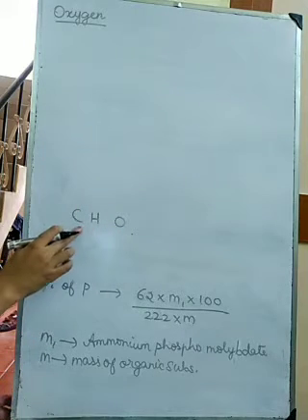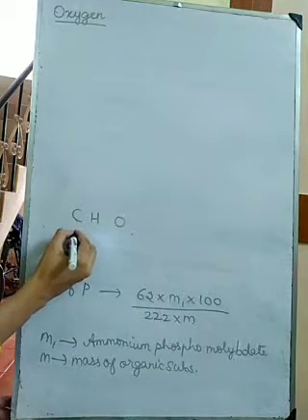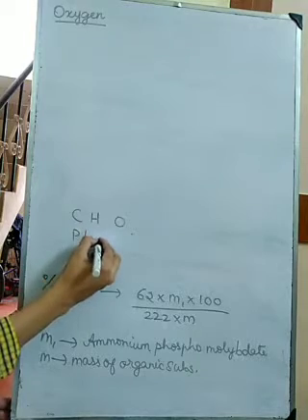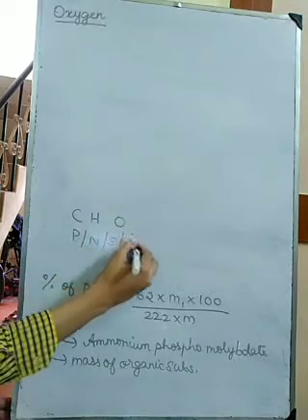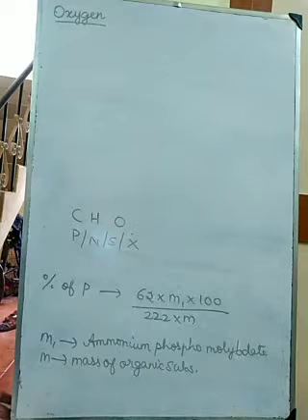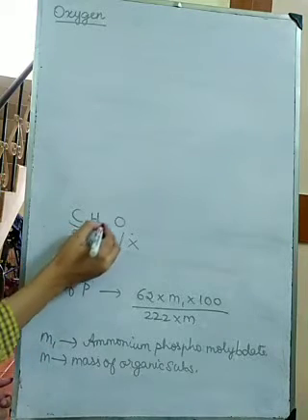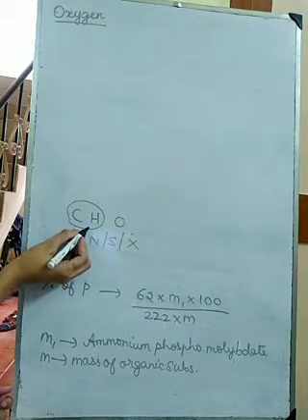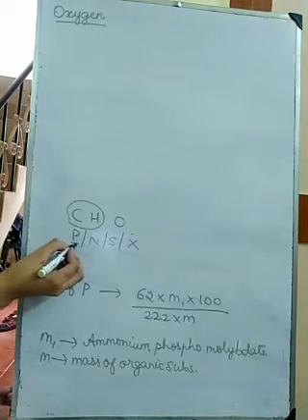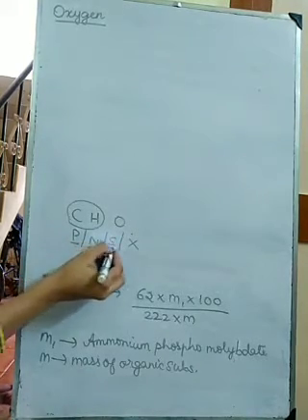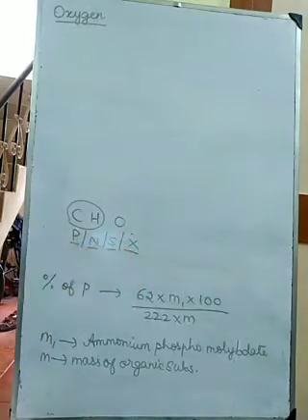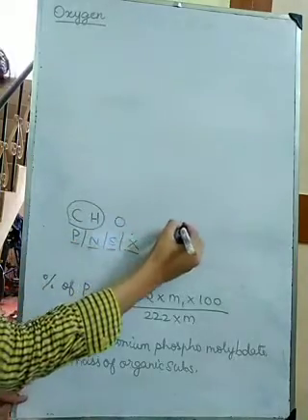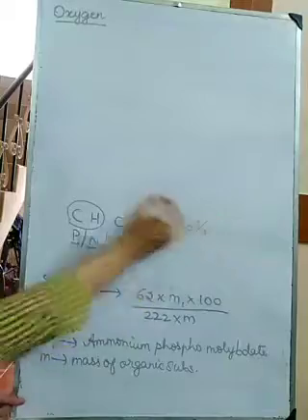Along with these elements, it will have either phosphorus or nitrogen or sulfur or any halogen. You know how to find the percentage of carbon and hydrogen, and you know how to find the percentage of phosphorus, nitrogen, sulfur and halogen. Always the total percentage will be 100.